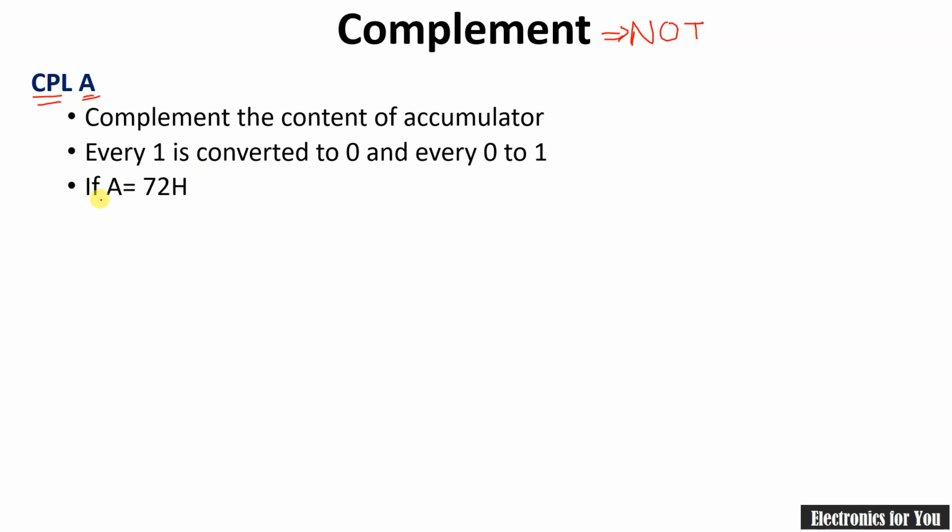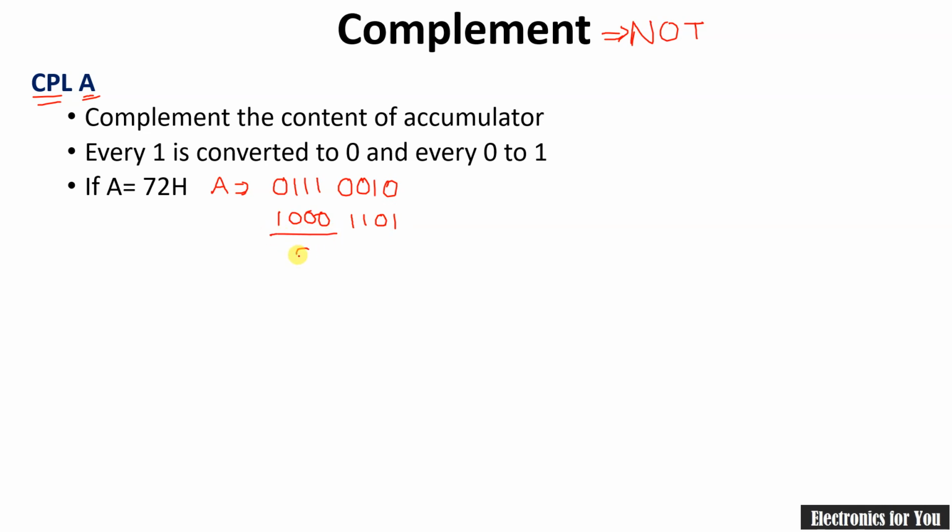For example, if the accumulator has 72H as its value, then 72H can be written as 0111 0010, where 7 is 0111 and 2 is 0010. Now after the CPL A instruction, the accumulator will have 1000 1101.